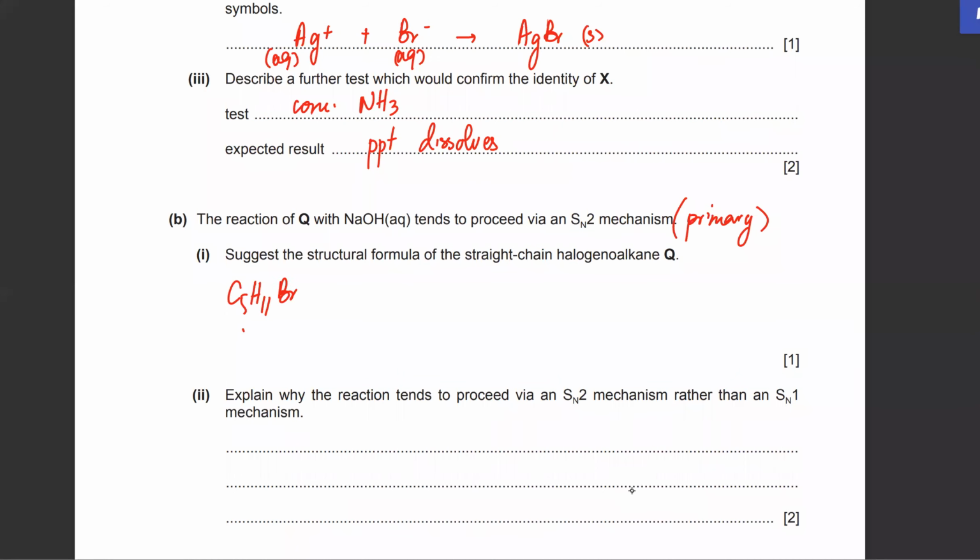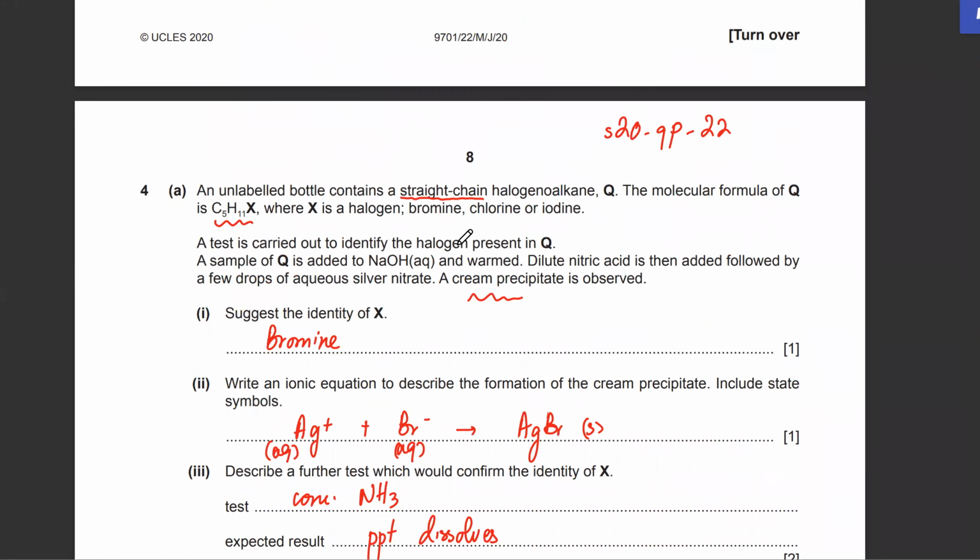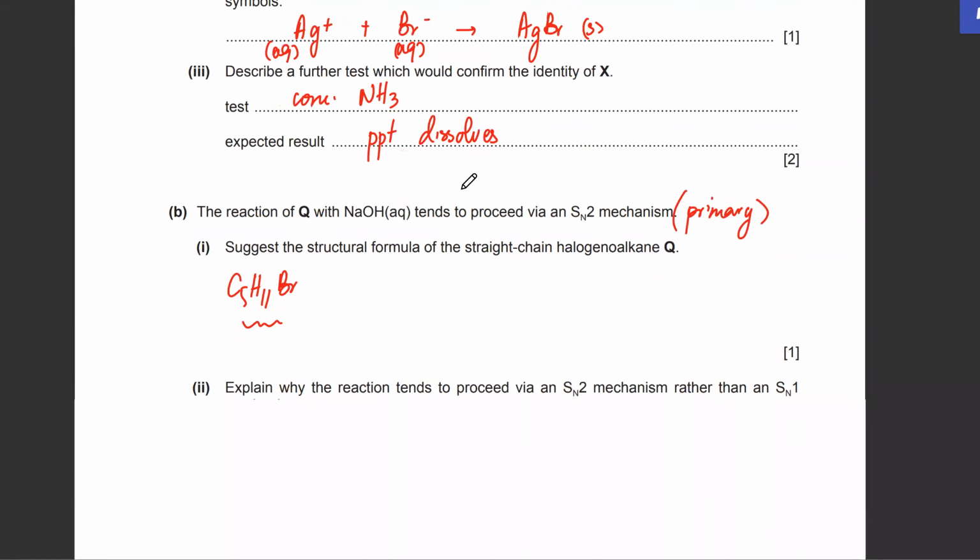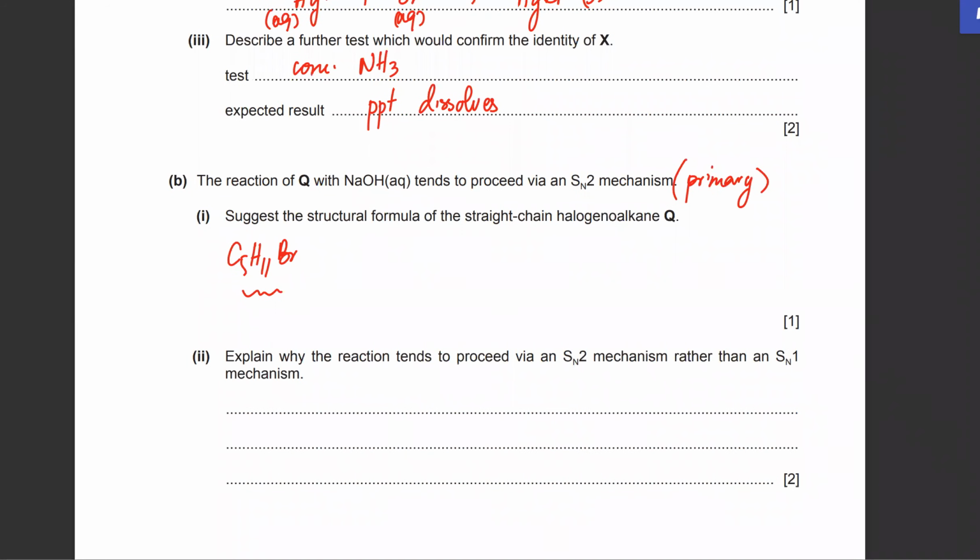They've already told us that this is straight chain, which means all five carbon atoms are in a straight line. Now, if I want to make it a primary halogenoalkane, where should the Br be positioned? Haji.